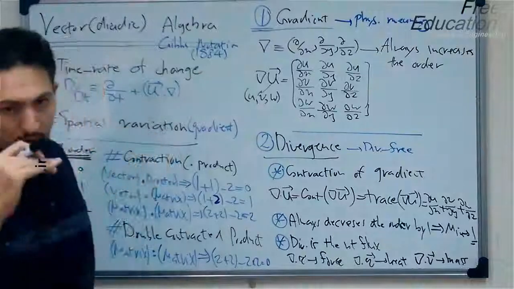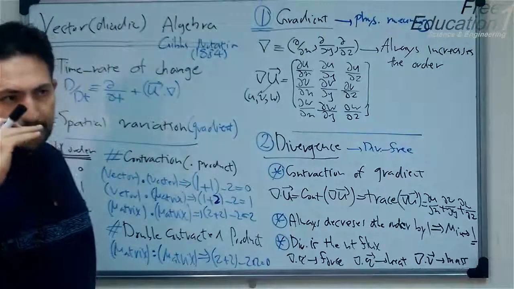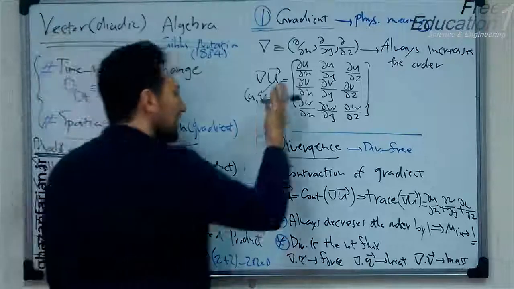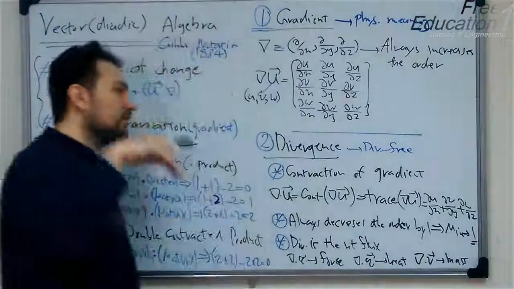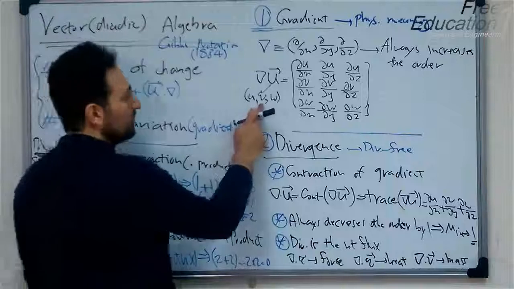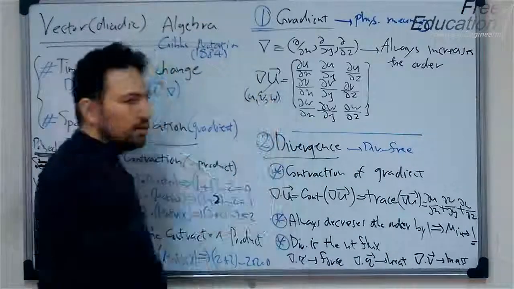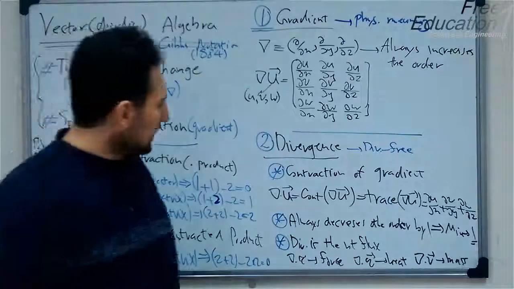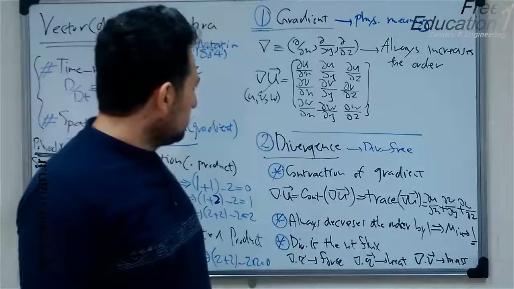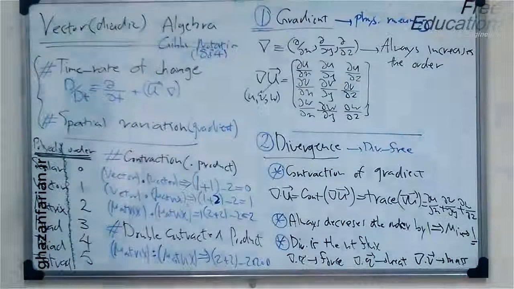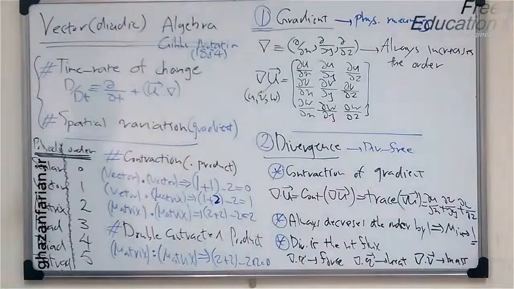The first row of the matrix is the gradient of the first component of the velocity. The second row is the gradient of the second component, and the third row is the gradient of the third component of the vector field. No other points. The gradient operator always increases the order of its input.